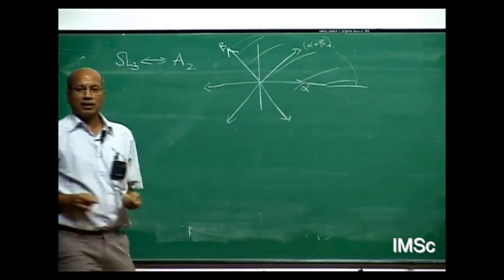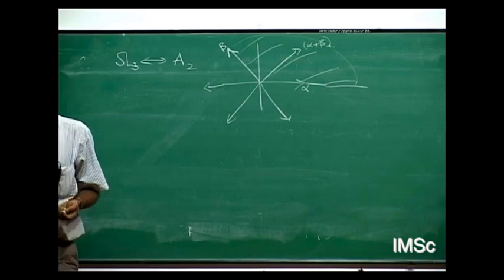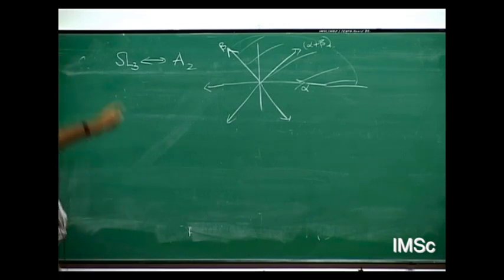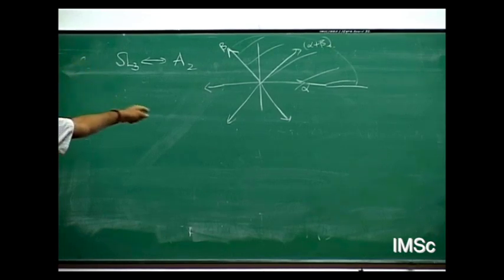So there are these three positive roots, and one wants to express anything in that region as a combination of alpha, alpha plus beta, and beta. And the question is, how does it grow?